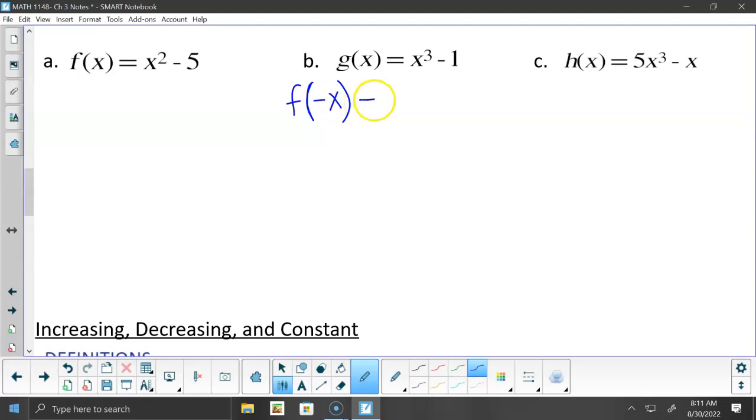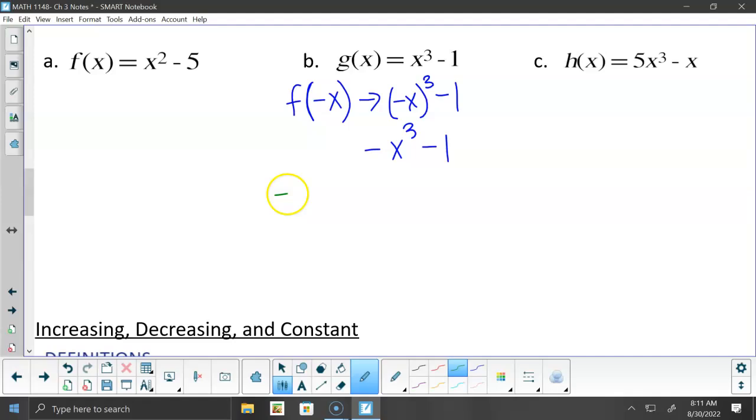So what you do with this is you plug in negative x, cubed, minus 1. So what is a negative x cubed? It's still negative, right? So is that the same thing as the original? Nope, so it's not even.